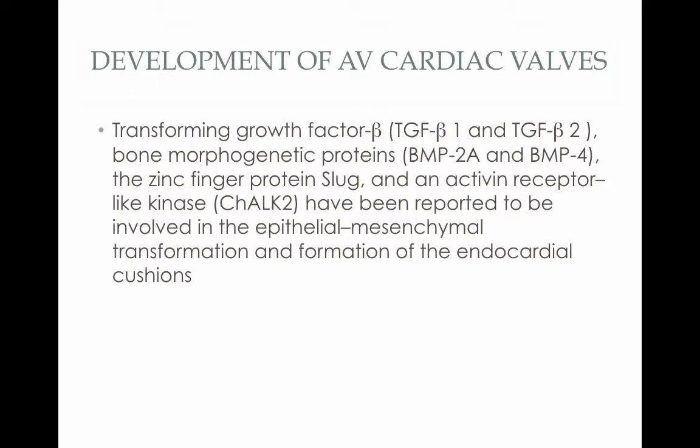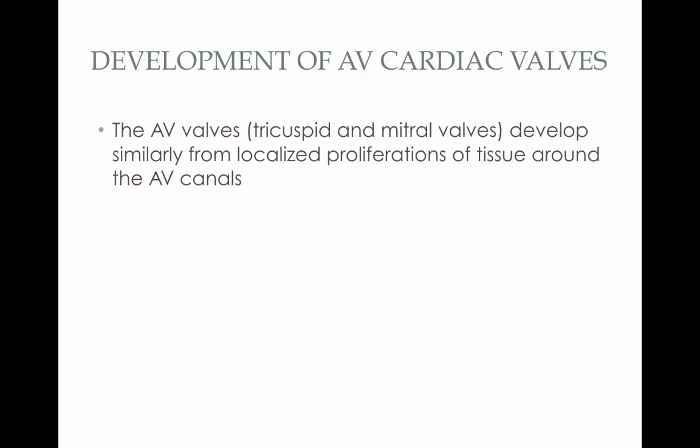Also, zinc finger protein slug and an activin receptor-like kinase have been reported to be involved in this epithelial mesenchymal transformation and the formation of these endocardial cushions. And so around these endocardial cushions, the atrioventricular valves develop. And they develop from these localized perforations of tissues around those atrioventricular canals.